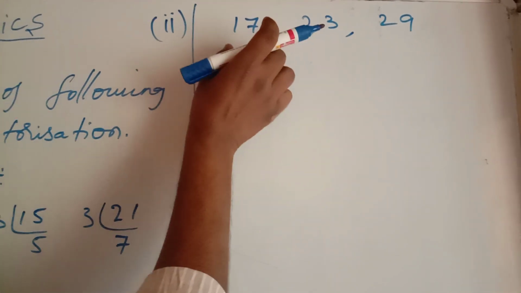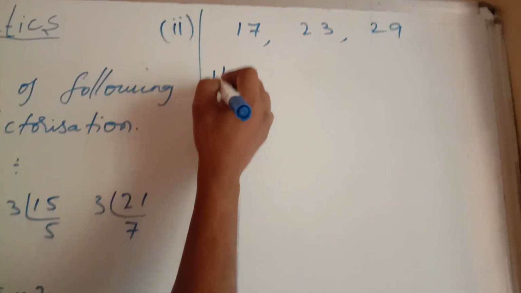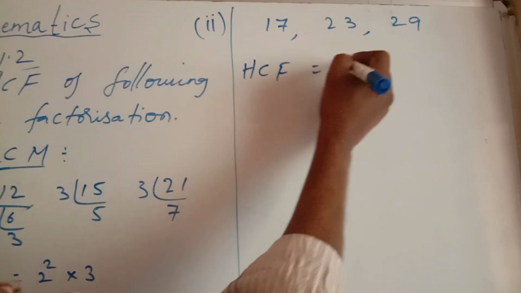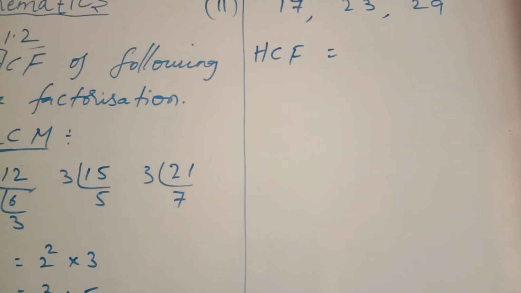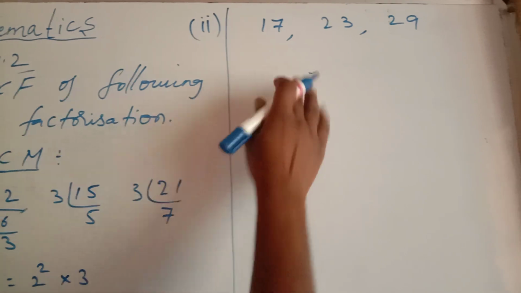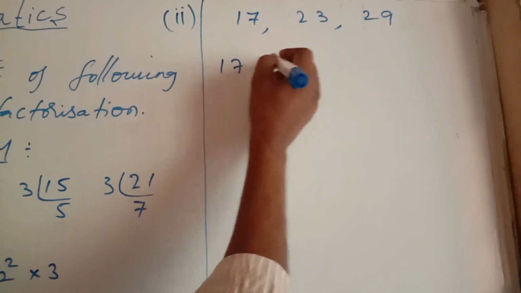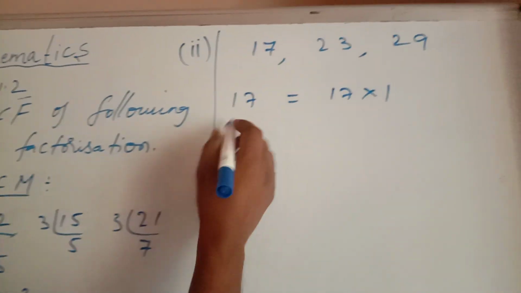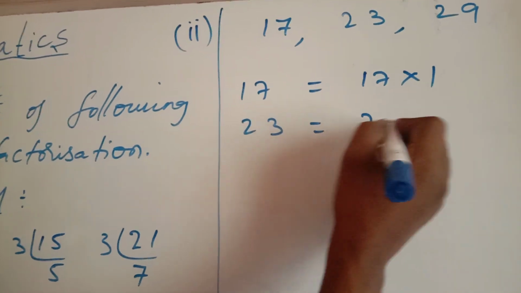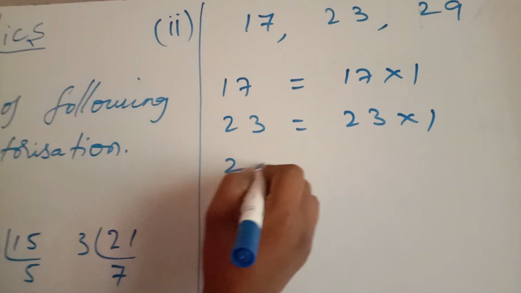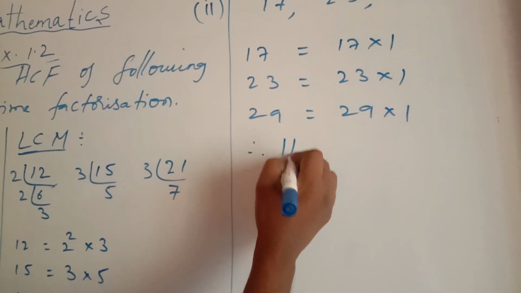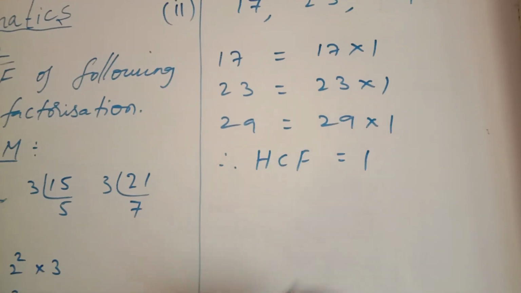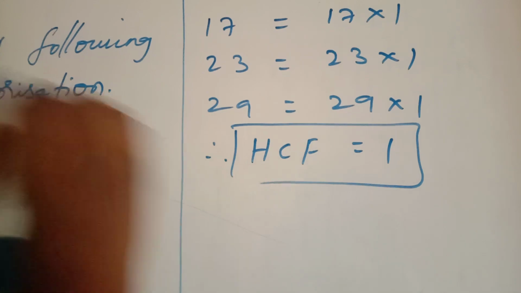So automatically you get the HCF. 17 can be represented as 17 into 1, 23 as 23 into 1, and 29 as 29 into 1. So here the highest common factor is 1. HCF is equal to 1.